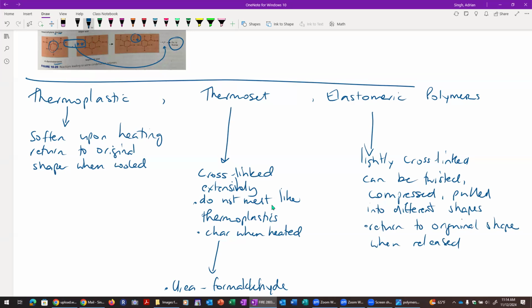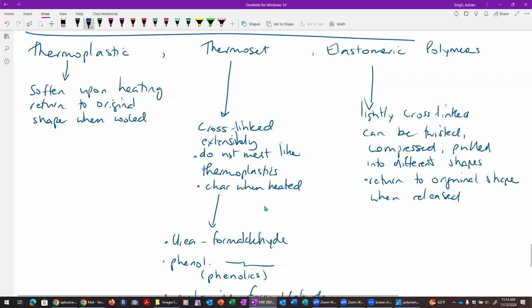Before we take a look at examples, when you look at the coil strands in a thermoplastic elastomer, these coil strands themselves are held together by very weak forces.